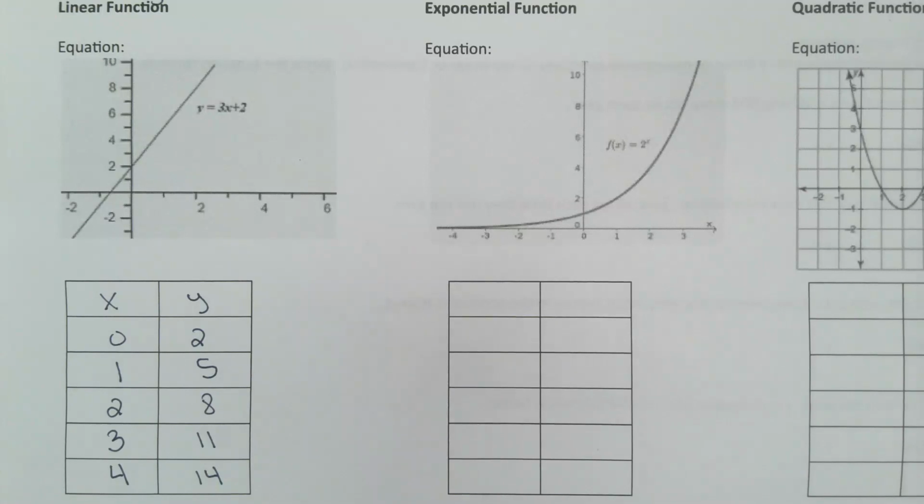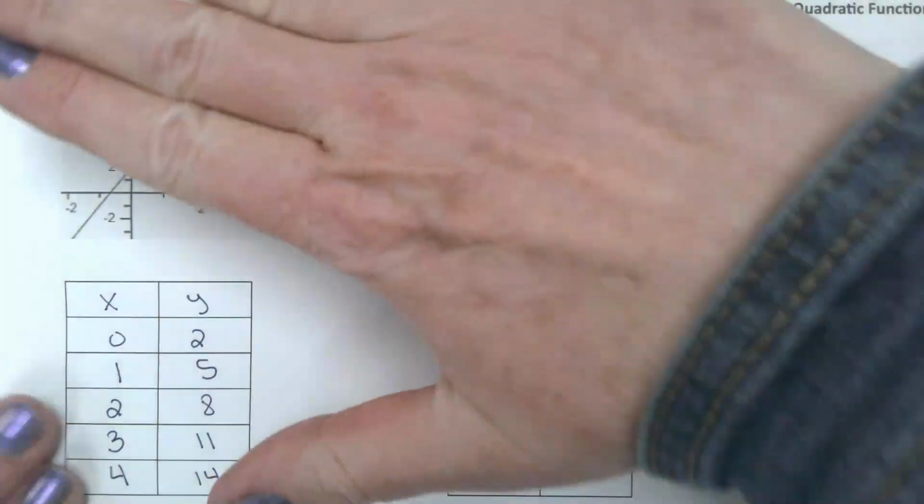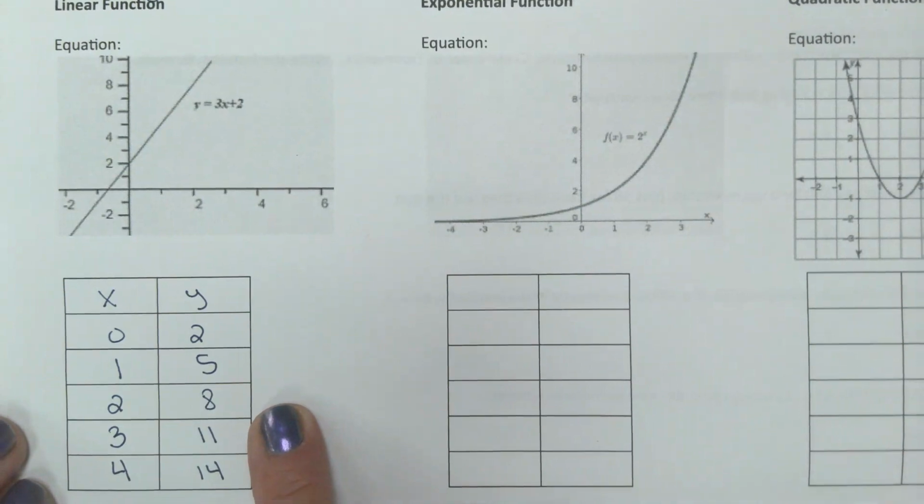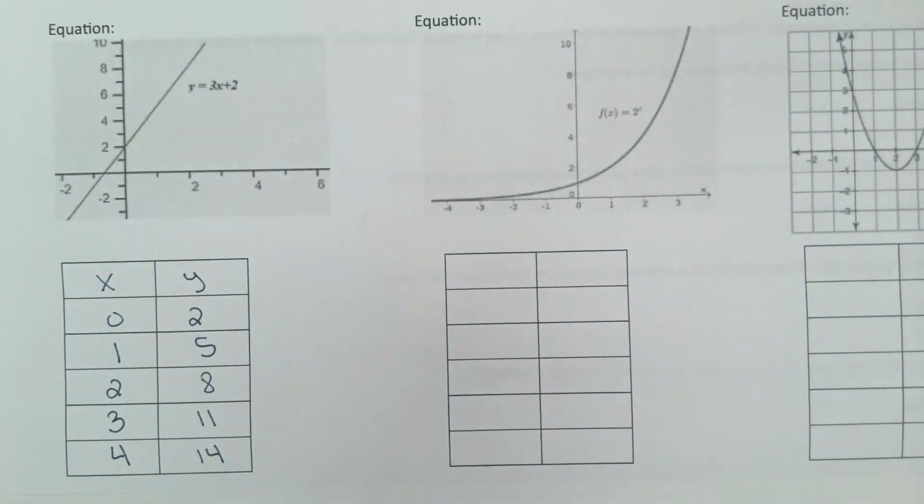So what is going to happen on your test, and very possibly the SAT, is that you won't be given any of this information. You will only be given a table of values, and you will have to know what to look at to tell whether this is a linear function or an exponential function.